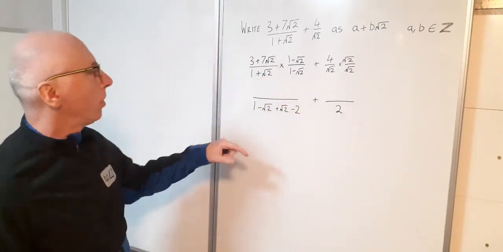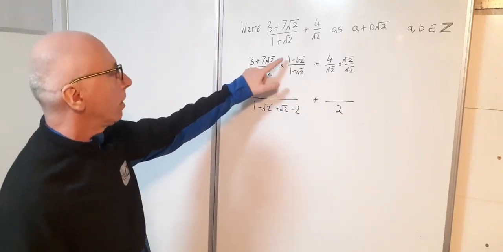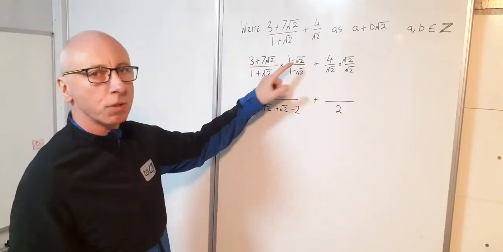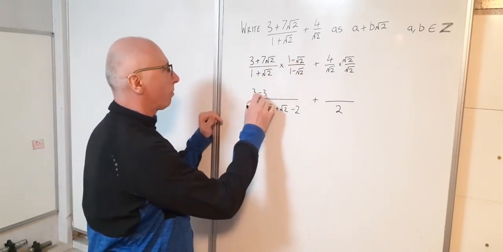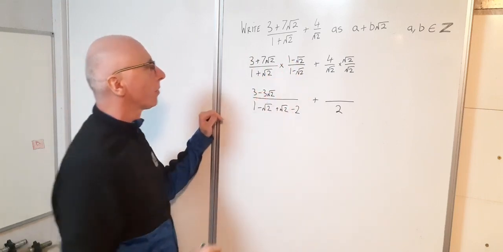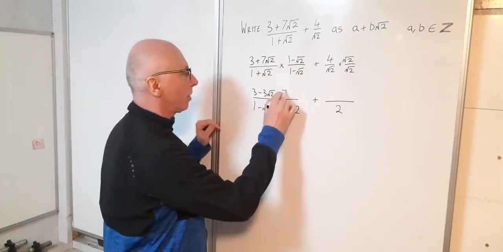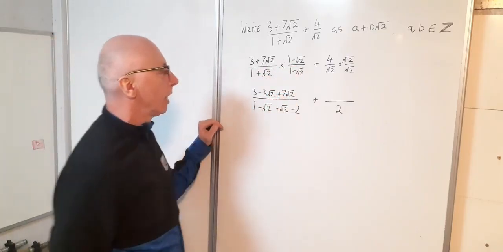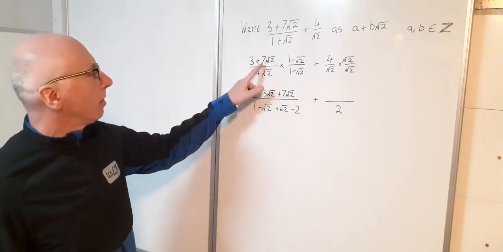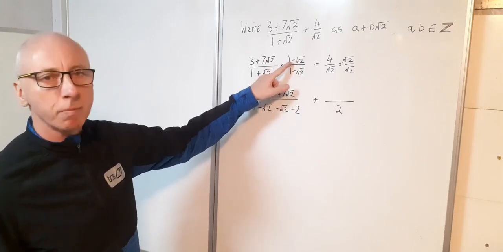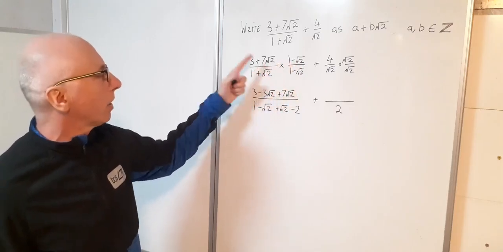Now let's FOIL out the numerator. So 3 times 1, that's 3. 3 times minus root 2, minus 3 root 2. 7 root 2 times 1, so that's plus 7 root 2. And 7 root 2 times minus root 2, so the two root 2's will make 2, times 7, that's 14.